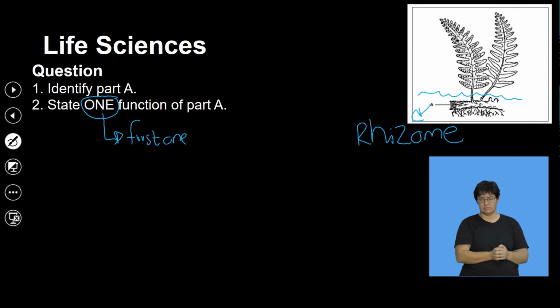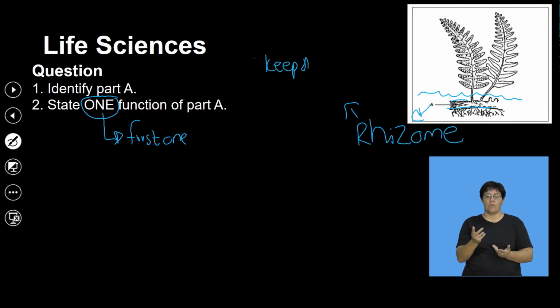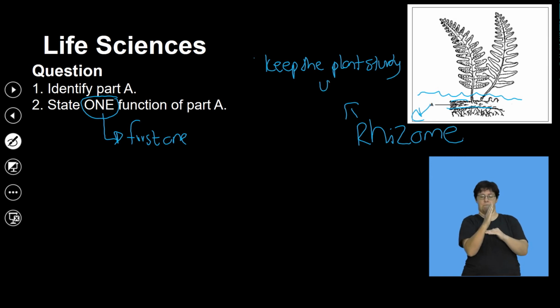Now, what is the function of a stem? Okay, so the stem, even though it's underground, what's it going to do? It's going to keep the plant sturdy or upright, even though it is underneath the ground.